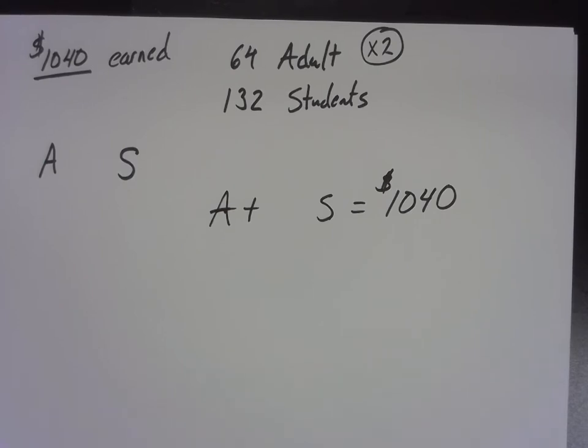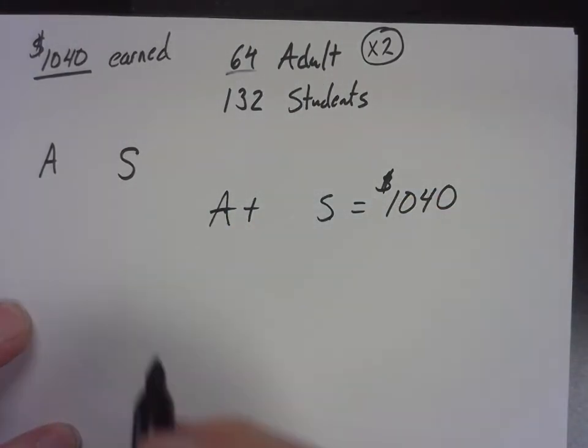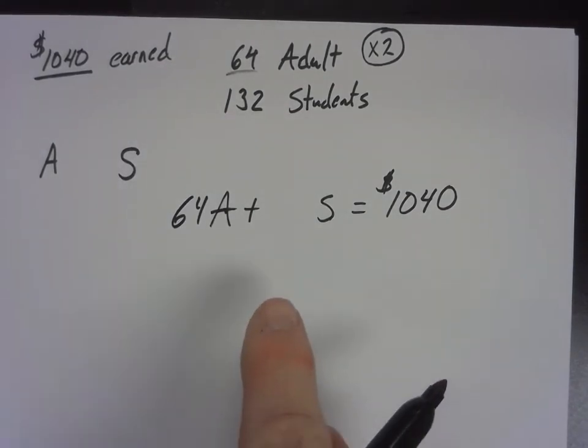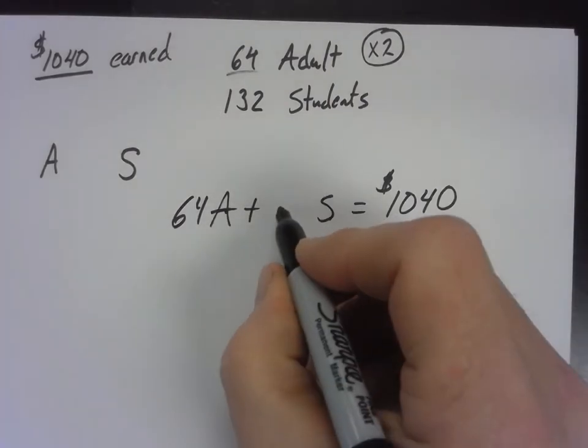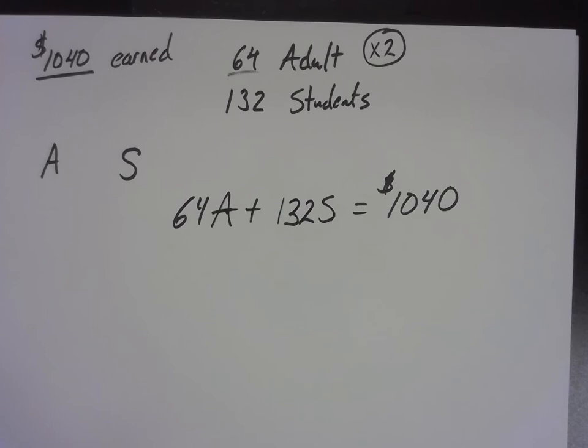Okay, so probably not. So what do we know though? How many adults came? 64. 64 times the price of an adult ticket plus 132 times the price of a student ticket. It's got to add up to 1,040.